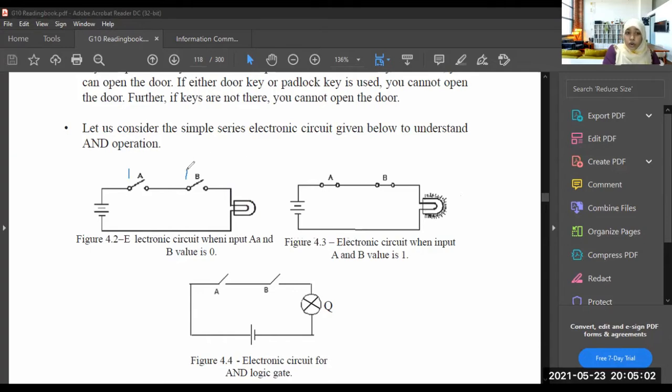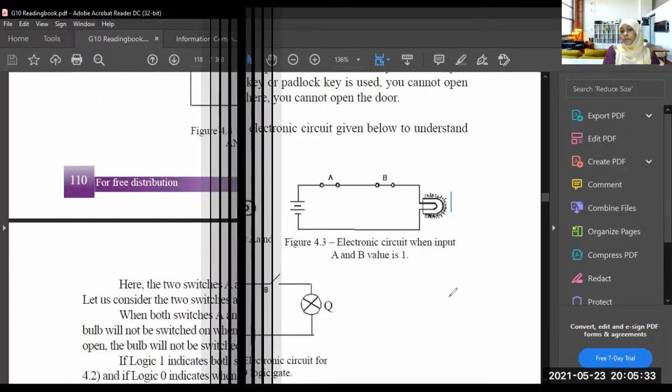If you didn't switch on B and you switched on only A, will the bulb work? No. So AND means you should switch on all the switches. This switch and this switch should be on, should be 1. So the inputs should be 1 to obtain the output as 1.